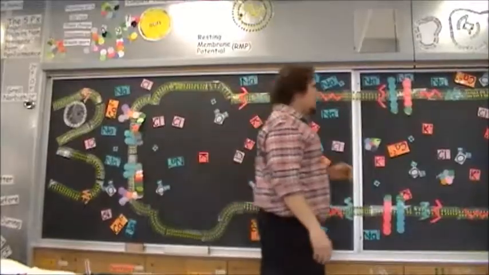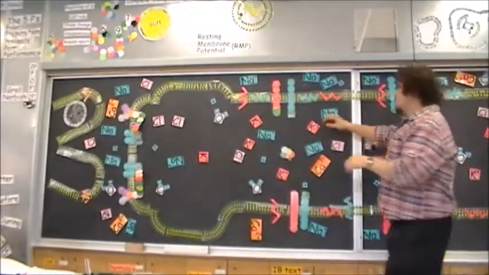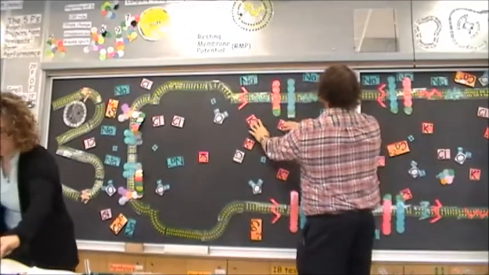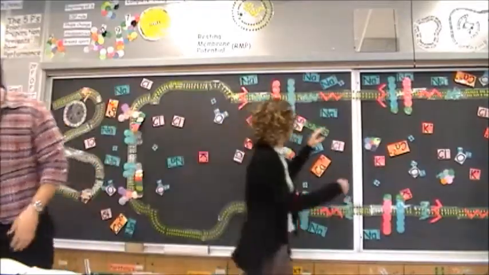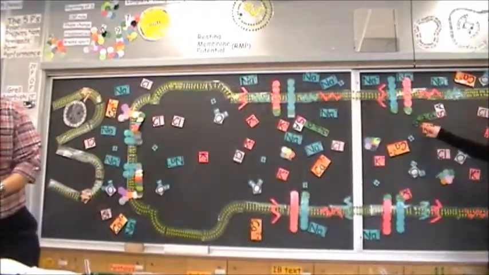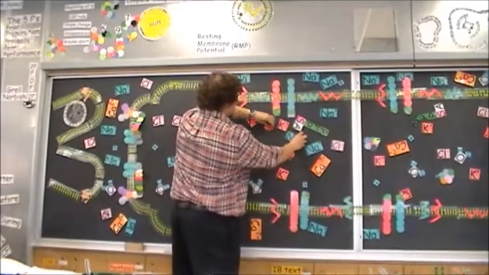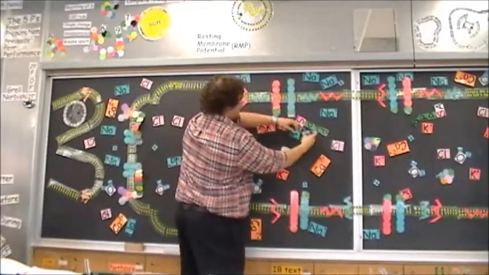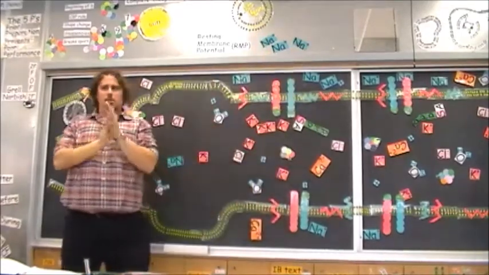All right, the sodium-potassium pump is continually moving sodium and potassium two ways. So we need a couple more potassiums. You guys have already seen this. So 2 potassium get moved in. At the same time, 3 sodium get moved out of the cell.